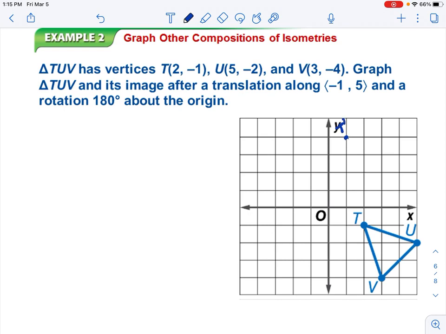That is T prime for now. You go over -1, up 5 from U. This is U prime. And then V, do the same thing. This is V prime.